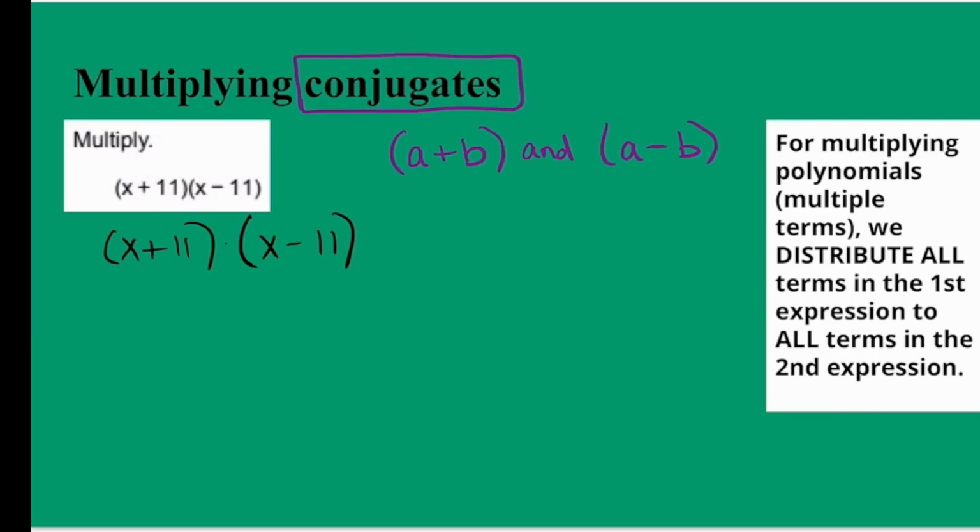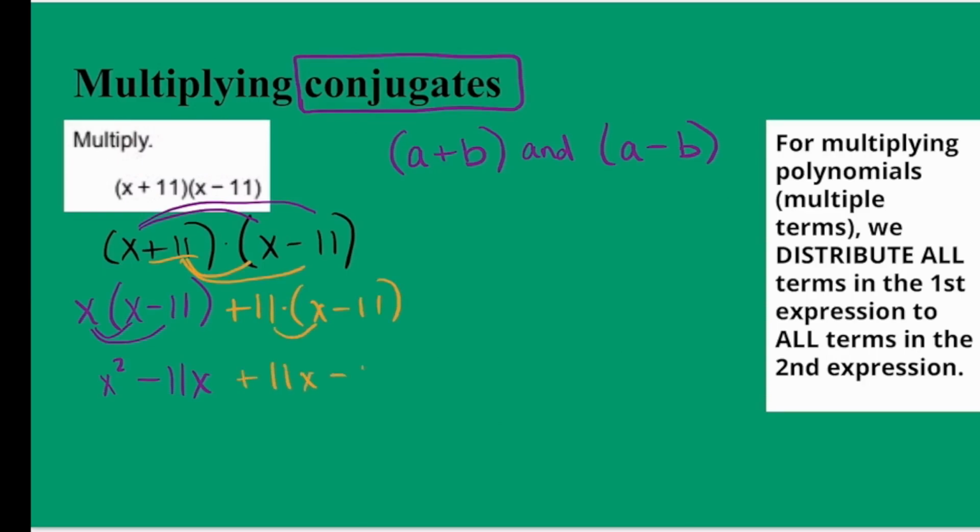I'm going to write it out because I want to make sure this makes sense. If I take the x, I'm going to multiply it by both of those pieces in the x minus 11. x times x is x squared. x times negative 11 is negative 11x. Now if I take this positive 11, I'm going to multiply that again by everything in the second parentheses.